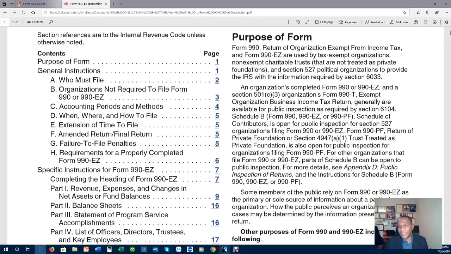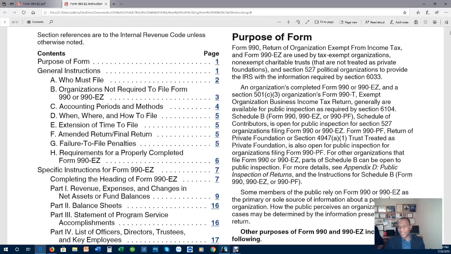So Form 990 EZ, the return of organization exempt from income tax, is used by tax-exempt organizations and nonexempt charitable trusts that are not treated as private foundations. Private foundations file on Form 990 PF, and also Section 527 political organizations, to provide the IRS with information required by Section 6033.